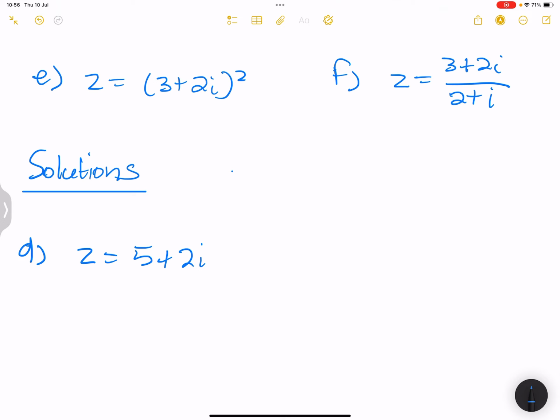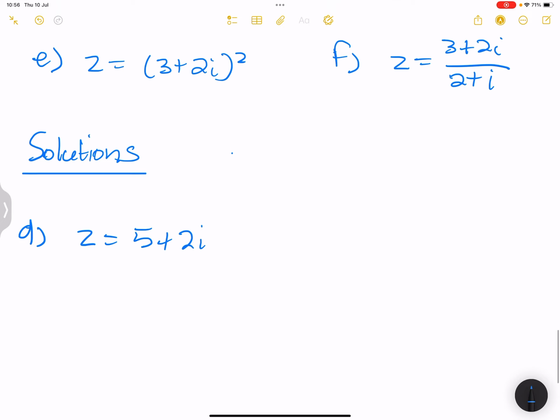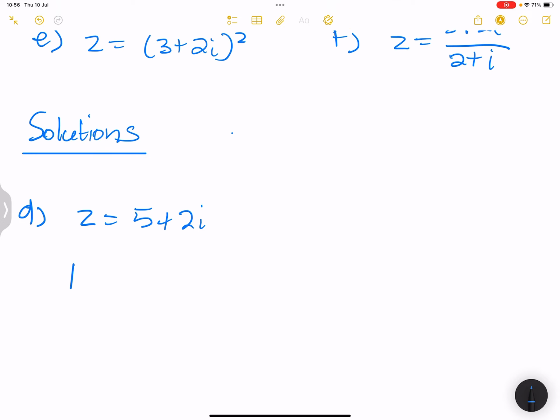And remember, how do we work out the modulus in this case? The modulus is the square root of our x squared plus y squared values, that's the real as well as the imaginary part of our complex number.